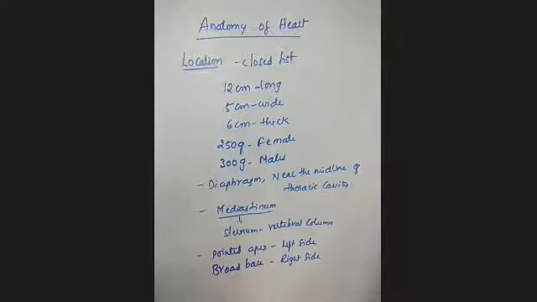And mainly it lies in the mediastinum, which is a mass of tissue that extends from the sternum to the vertebral column and between the lungs. It rests on the diaphragm, near the midline of the thoracic cavity.